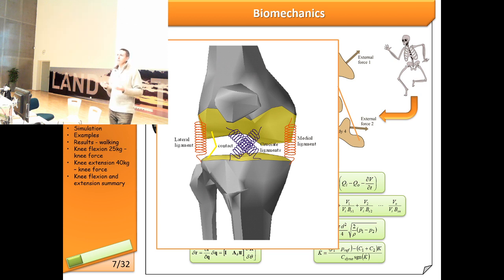Or you can connect them with springs that simulate ligaments. The middle one are cruciate ligaments, and then there are medial and lateral ligaments. Medial direction is usually the middle of the body, and lateral is the outside of the body. That's the naming convention. If you model it so that there are two contacting surfaces and there are springs that keep it together, then you get something which is similar to the leg model.